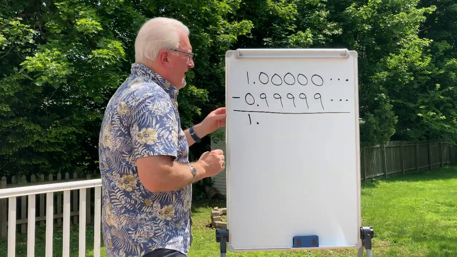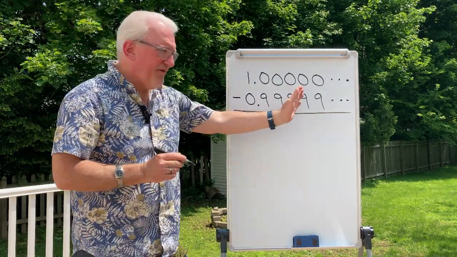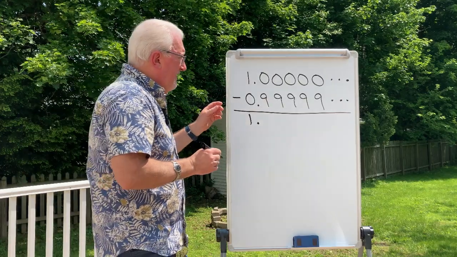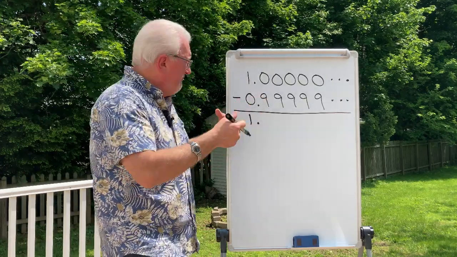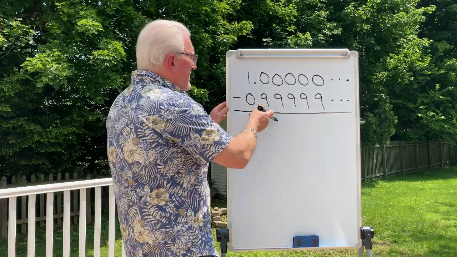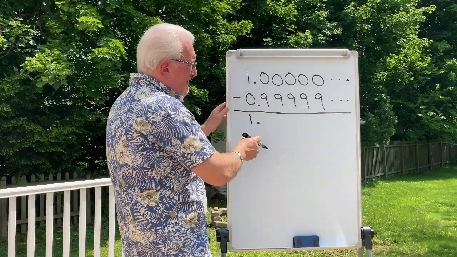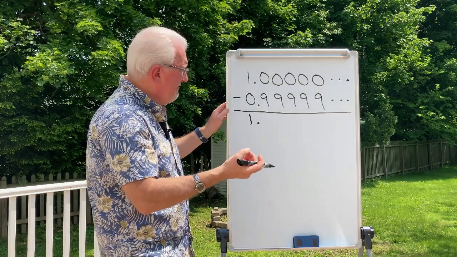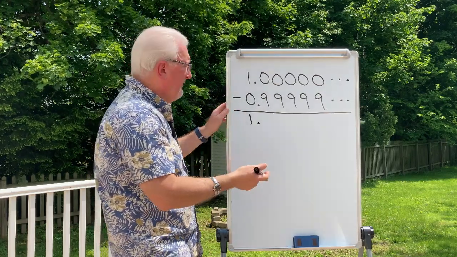decimal point. And then, let's see, in every other place, we're going to have a 9 minus a 0. But the 9 is coming from the number being subtracted. So we're going to write in 9 minus 0 is what we're going to look at, but we're going to write down the complement of the answer. 9 minus 0 is 9. Complement of 9 is 1.